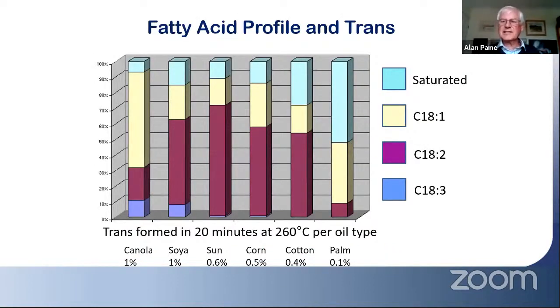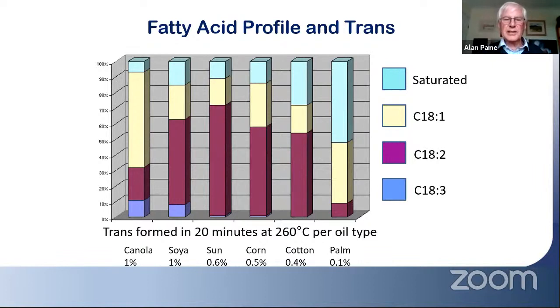The amount of fatty acid in a triglyceride that turns into trans isomer depends on the fatty acid profile of the oil. Saturated oil cannot form trans at all because it has no double bonds. The ease with which an oil forms trans isomers rises with the proportion of polyunsaturated fatty acids present, and the more unsaturated an acid is, the more likely it is to form trans.